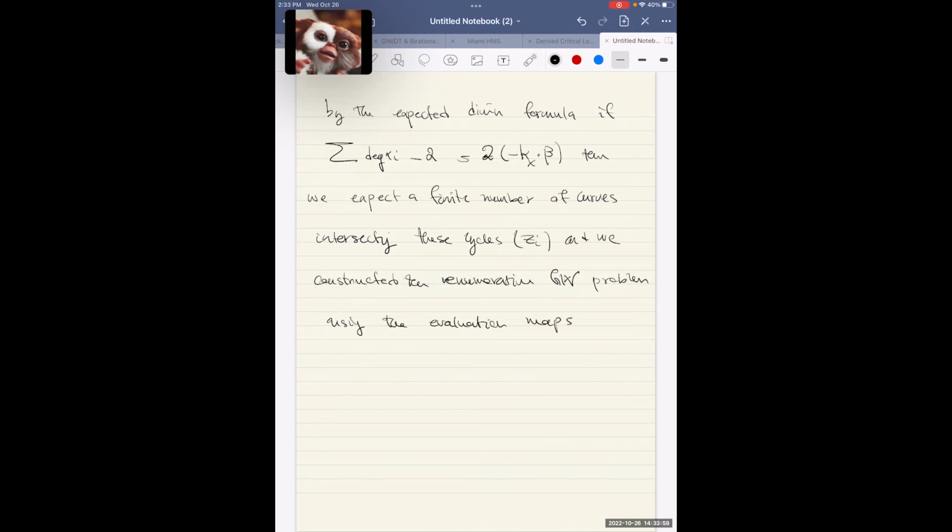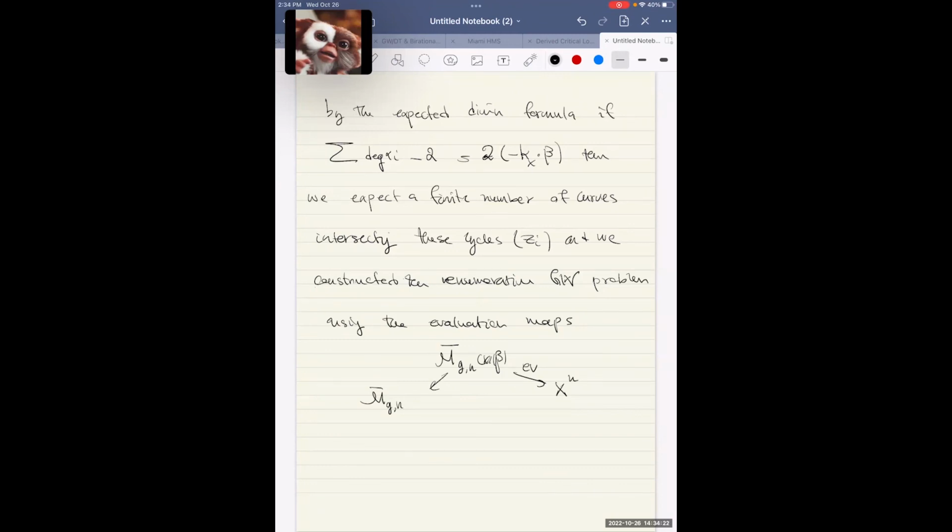So what did we do? We had the moduli space of stable maps, M bar g,n (X, beta). We had the evaluation maps to X^n.